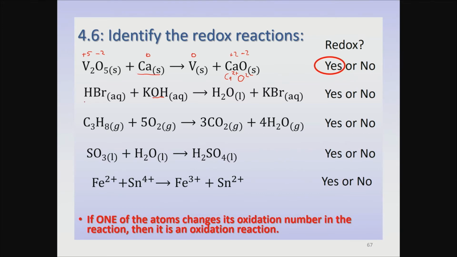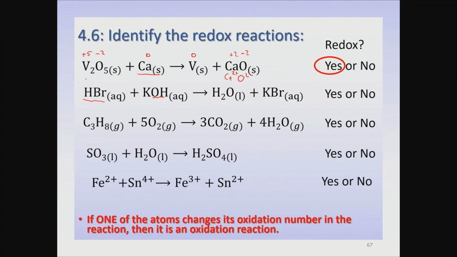So let's look at HBr, which is hydrobromic acid. Do you remember how to figure out the oxidation numbers for this compound? Well, first you ask yourself, is this an ionic or molecular compound? Both hydrogen and bromine are nonmetals, so this is a molecular compound. If that's the case, if you have any hydrogens or oxygens, you can assign their oxidation numbers to be +1 and -2 respectively.